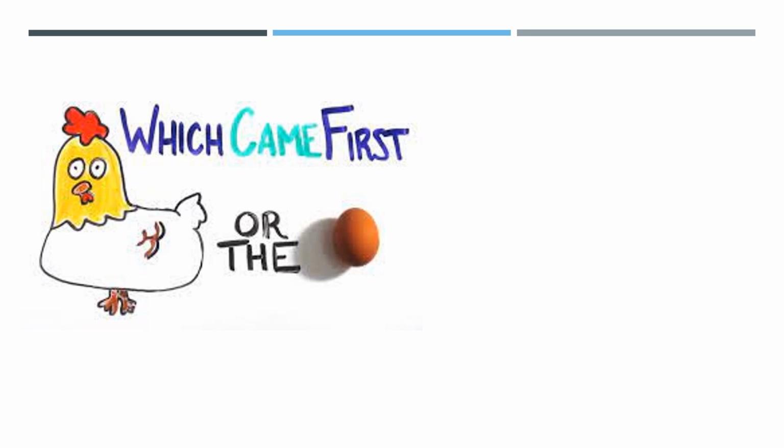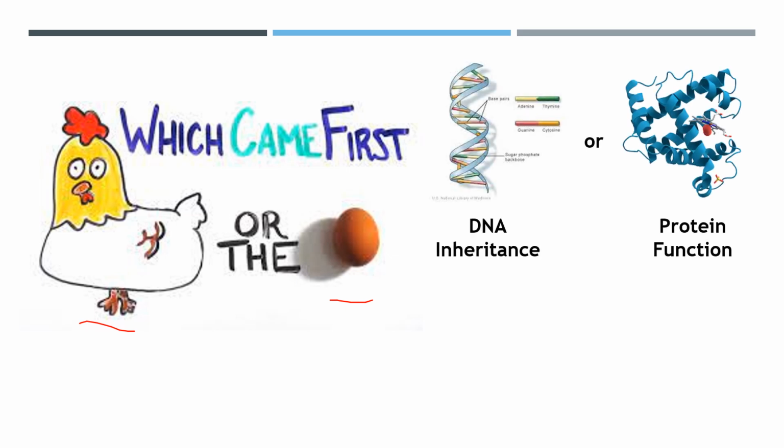And with this, we finish, if you remember, what came first, the chicken or the egg, this common sentence that we always hear, that we can translate or think about in terms of inheritance and protein functions in the origin of life.